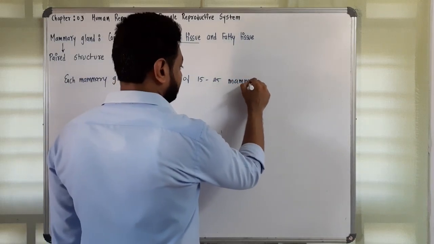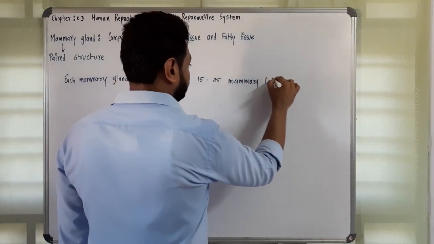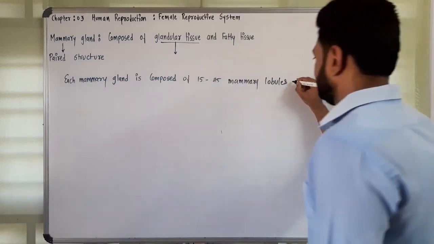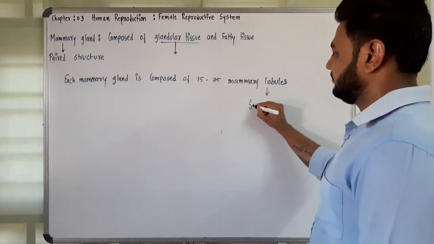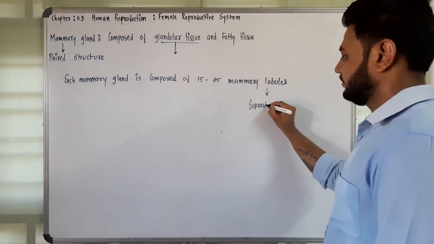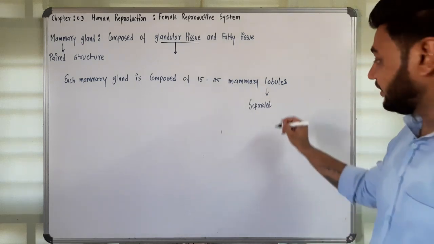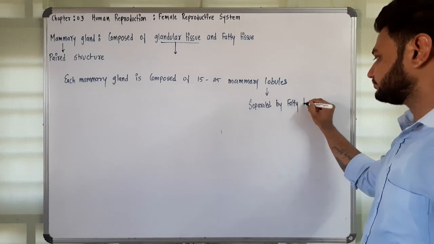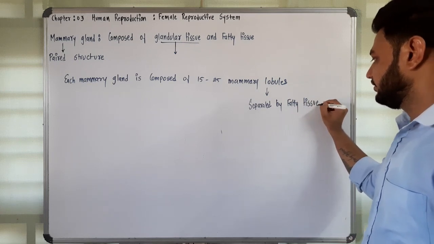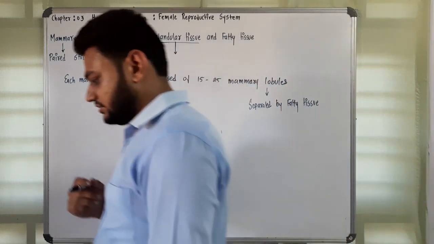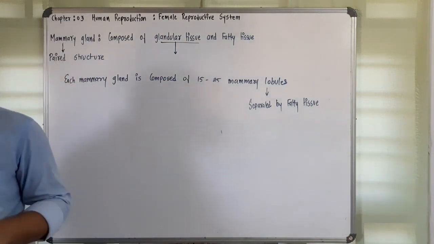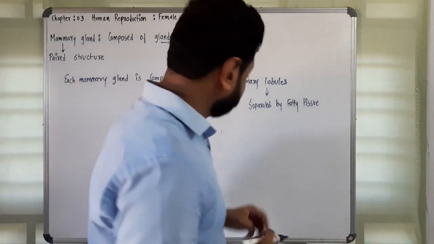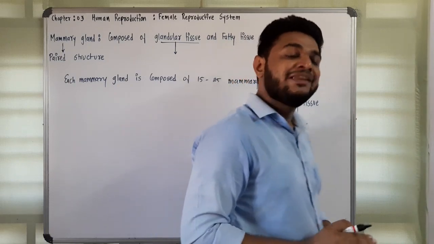You remember this, and these lobules are separated by fatty tissue. These lobules, 15 to 25 in each mammary gland, are formed of glandular tissue.